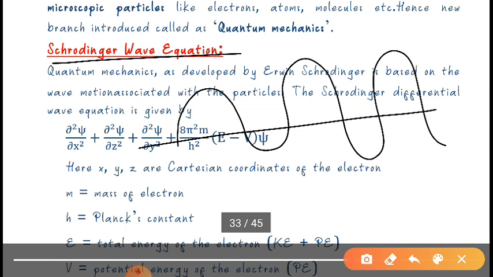So on the basis of this simple idea, he described an equation.